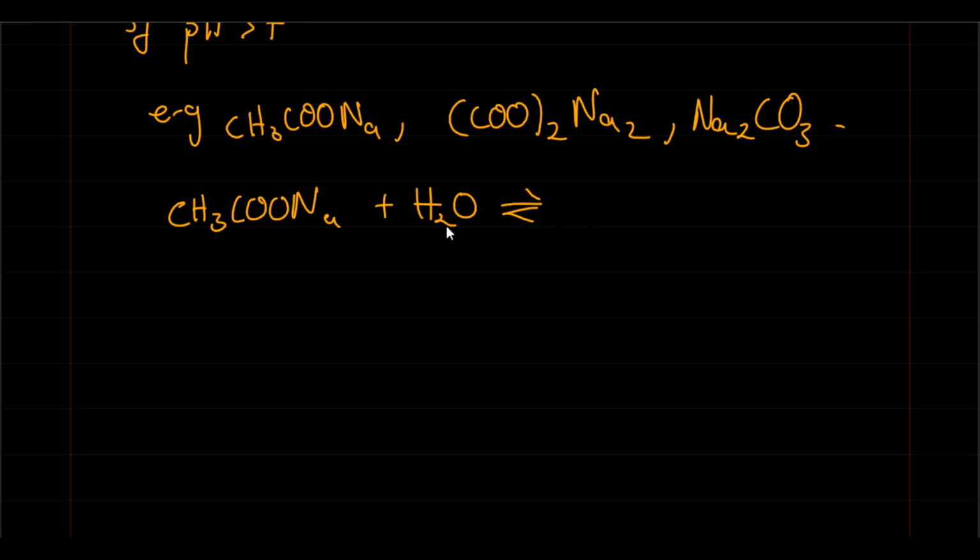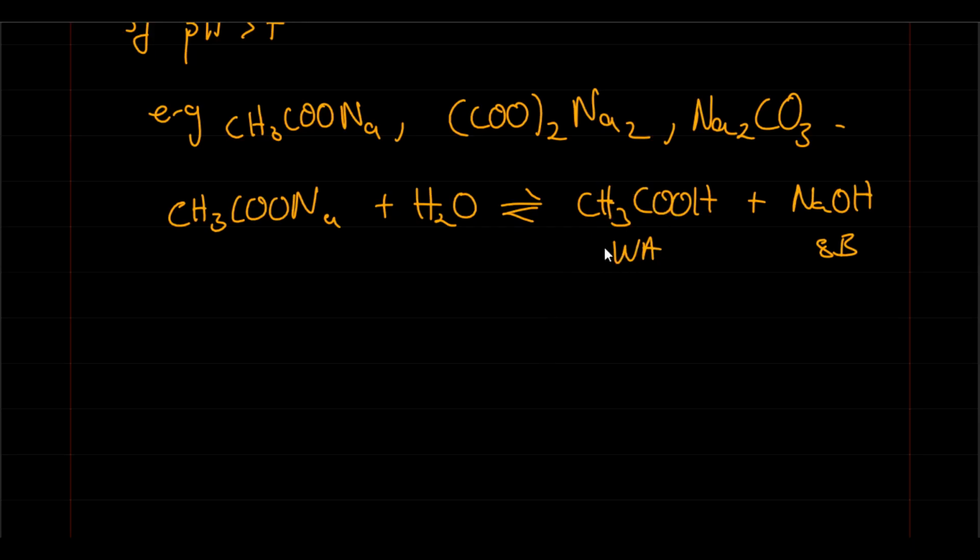So this salt plus water, it will form back the ethanoic acid plus sodium hydroxide. So now if you check here, we have a weak acid. Here we have a strong base. So the hydrolysis that results from the reaction of a weak acid and a strong base will have a solution that is greater than 7.